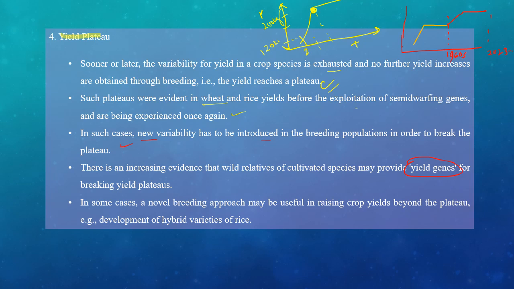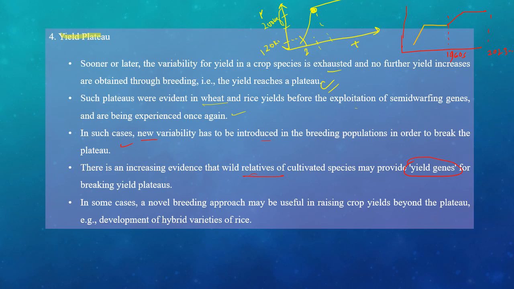The same is the case with crop varieties. We lack the yield genes, so we have to turn to the wild relatives of the cultivated species. If they have them, we can get the yield genes for breaking this yield plateau.